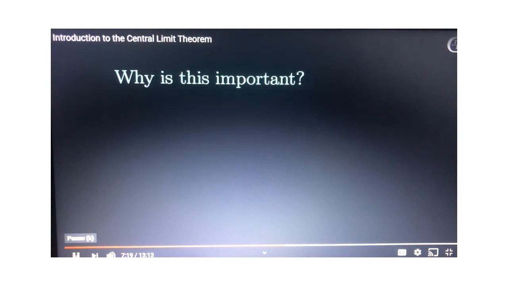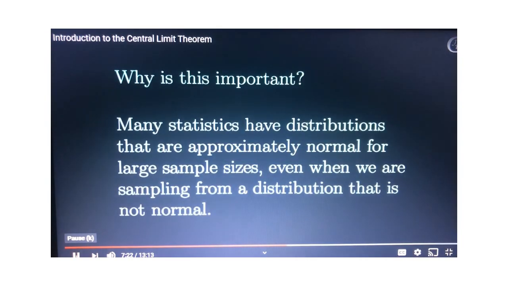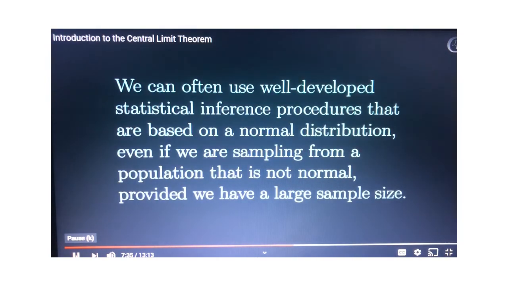Why is this important? Well, the Central Limit Theorem tells us that many statistics have distributions that are approximately normal for large sample sizes, even when we are sampling from a distribution that is not normal. And this means that we can often use well-developed statistical inference procedures and probability calculations that are based on a normal distribution, even if we are sampling from a population that is not normal, provided we have a large sample size.